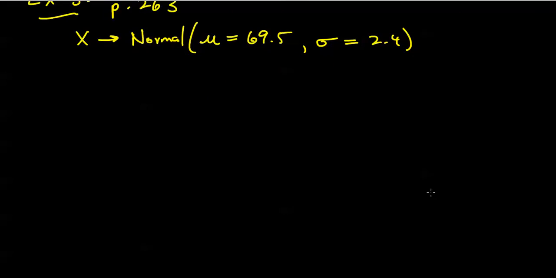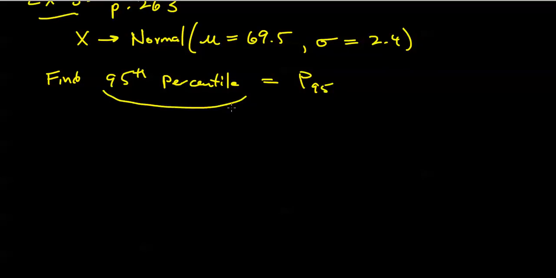So we're going to want to find the 95th percentile. The book says, find the 95th percentile of heights of men. You may recall that's P sub 95 from earlier chapters. And it's really the score that cuts off the top 5% from the bottom 95%.